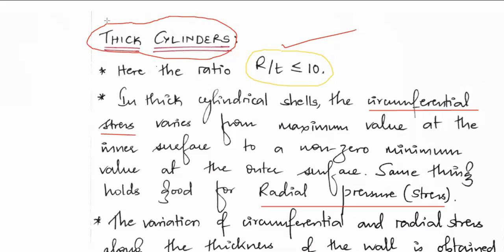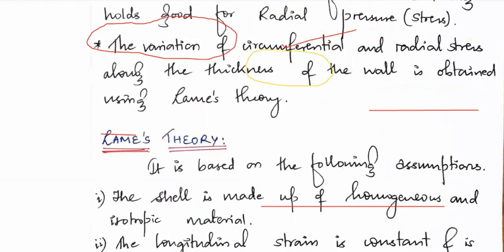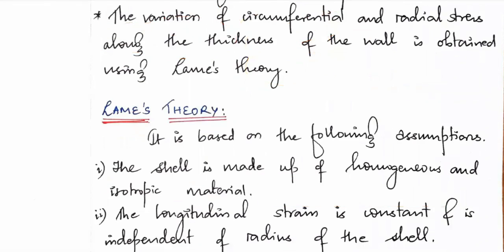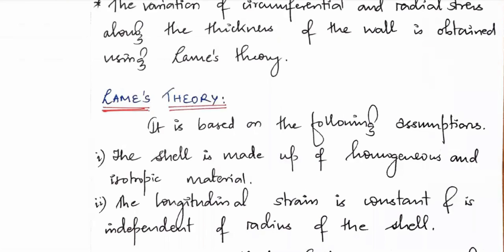So in order to calculate how the circumferential stress and the radial pressure vary along the thickness of the fixed cylinder, we are making use of certain equations named as Lame's theory. That is what I have written here for the people.